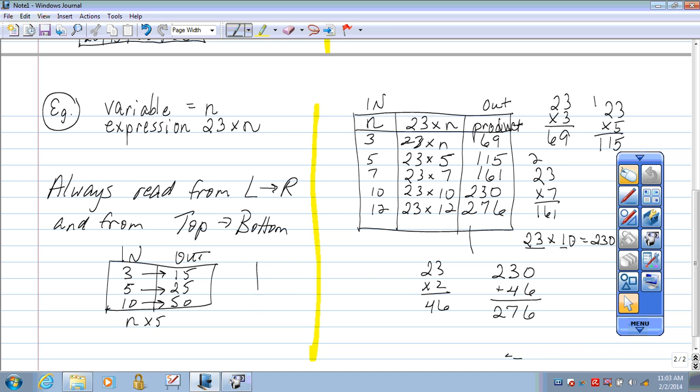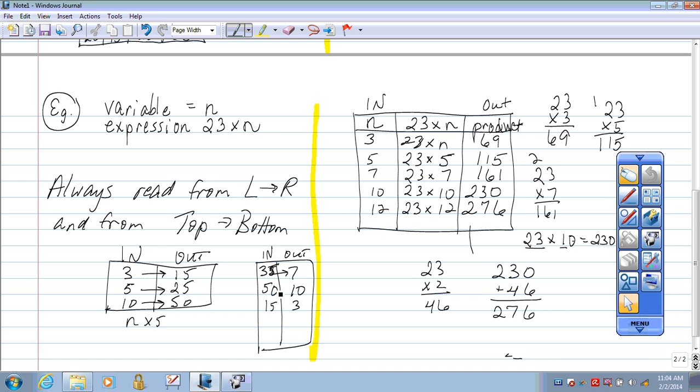But let's say it's this way. And we have 35, 7, 50, 10. Let's make it 15, 3. Okay?